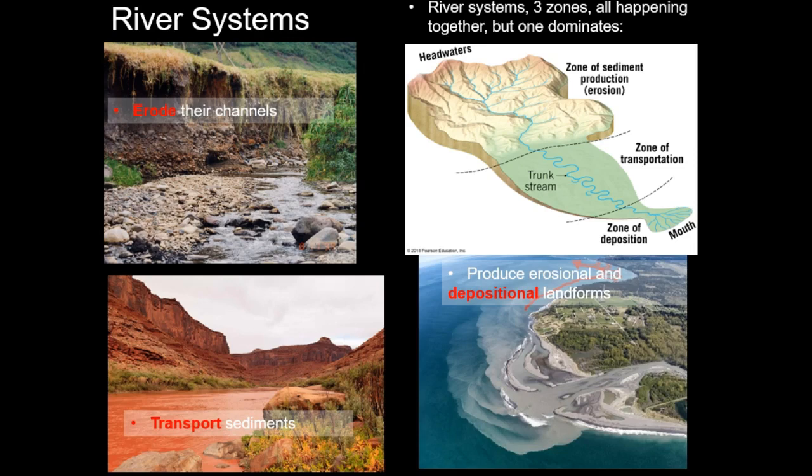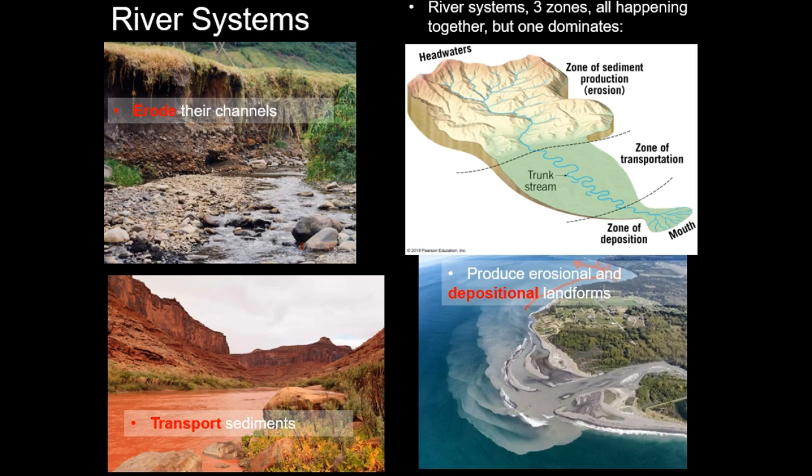So most of the sediment will then accumulate at the mouth or outlet of the river to form what we call a delta, or it can be reworked by wave action to form some other coastal features. Sometimes it can even be carried far offshore by ocean currents, and so we don't see it right at the mouth of the stream, but the sediment will be deposited a little bit of ways away.